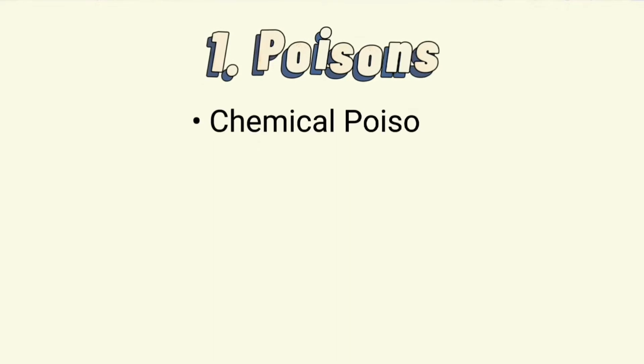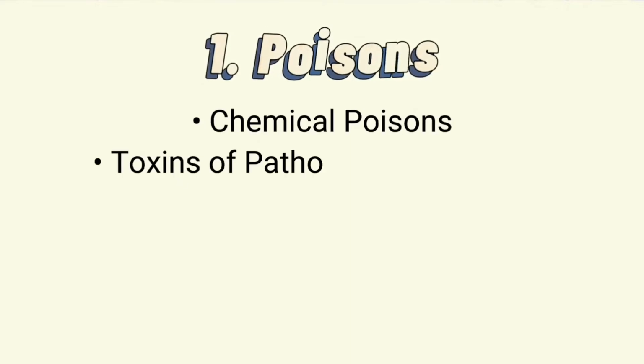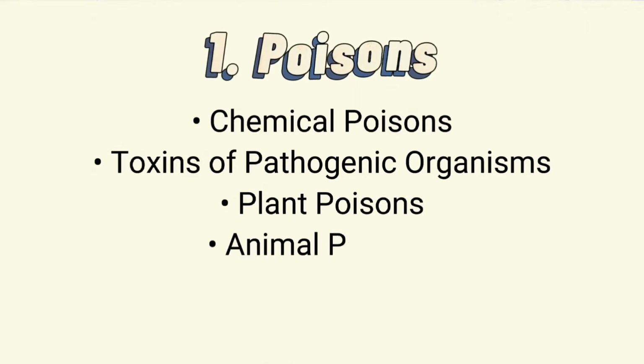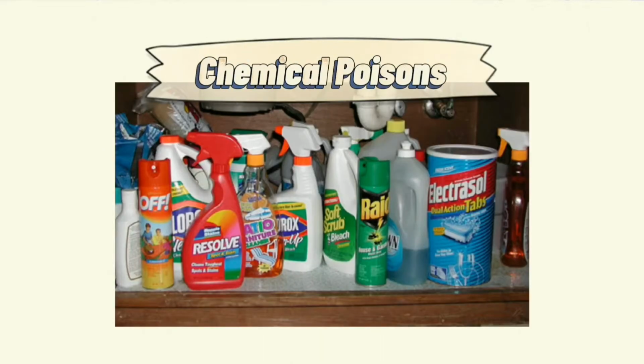Poisons. Poisons include chemical poisons, toxins of pathogenic organisms, plant poisons, and animal poisons. Chemical poisons may be strong acids and alkalis, drugs, insecticides, fungicides, and other toxic chemicals like lead, arsenate, and phenol.